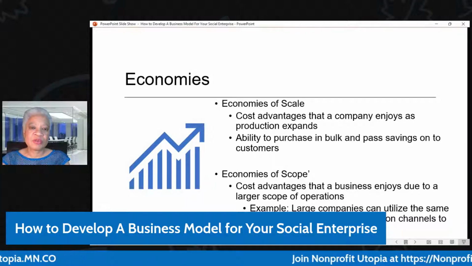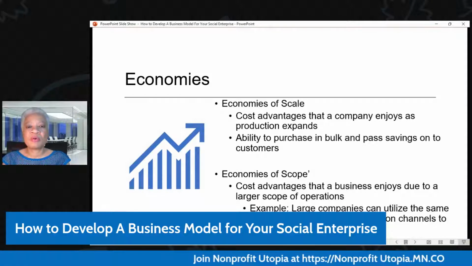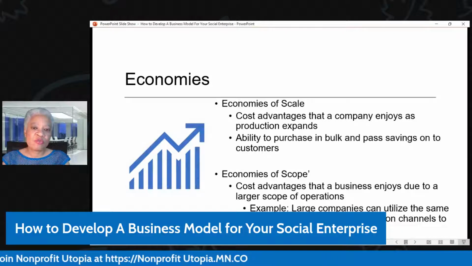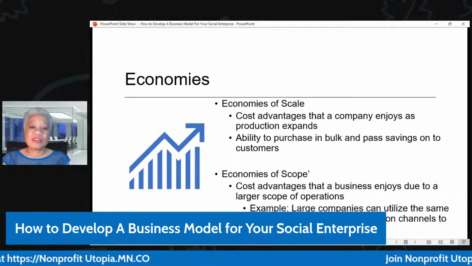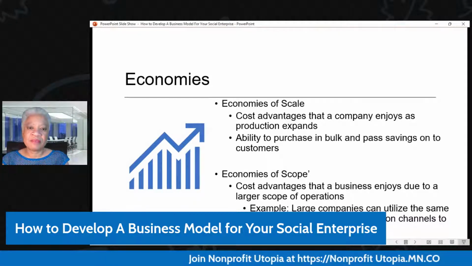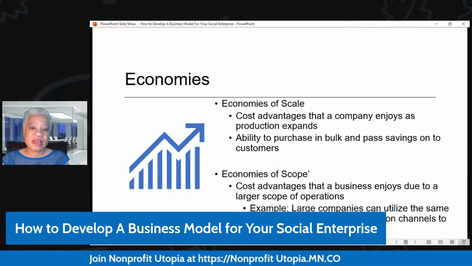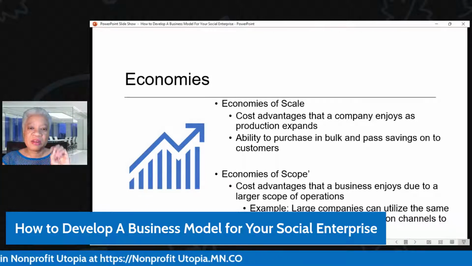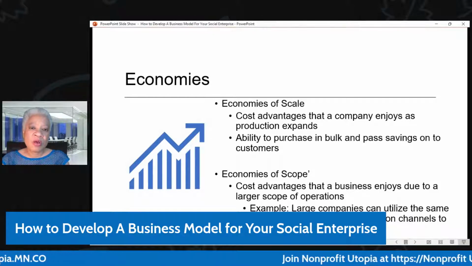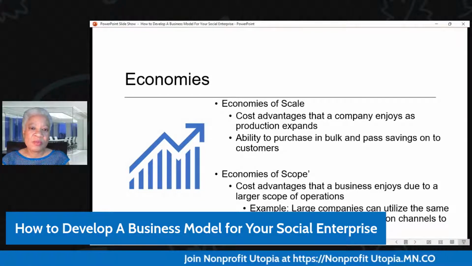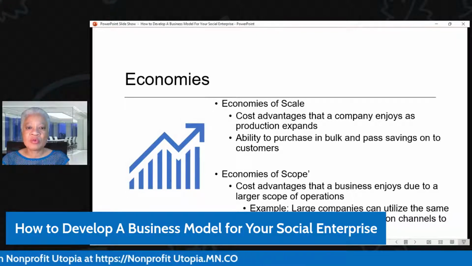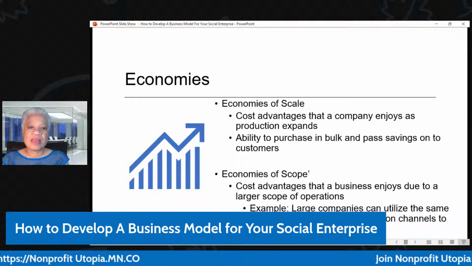And that can also create a competitive advantage for people who are in the industry long term, and it creates a barrier for people who are just coming into the industry and haven't achieved scale, right? So economy of scale is looking at increasing the number of units produced. When we look at the economies of scope, we're looking at ways that you can use the same raw materials in different ways, so you're getting the most out of those same raw materials.